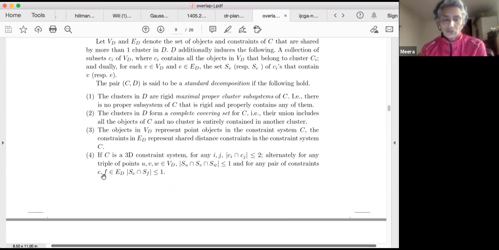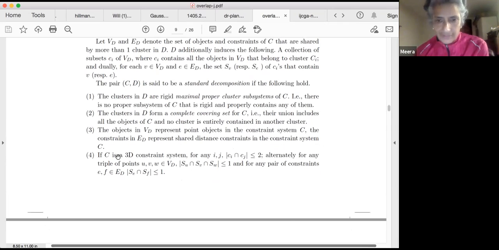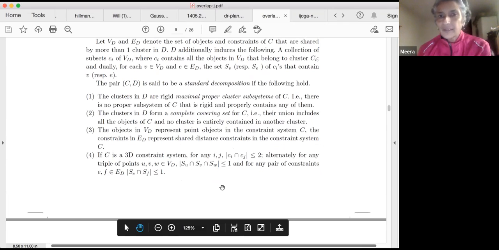And we also know for every pair, the set of clusters that share that pair is less than or equal to 1. So the intersection between the set of clusters that share one of those edges and the other edge is 1. All of these simply follow from the fact that their common intersection is less than or equal to 2, right? It's trivial.